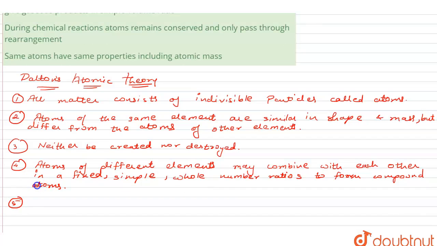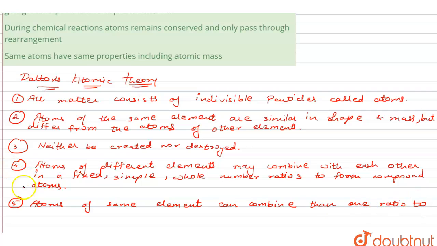Now the next one is wherein atoms of the same element can combine in more than one ratio to form two or more compounds.